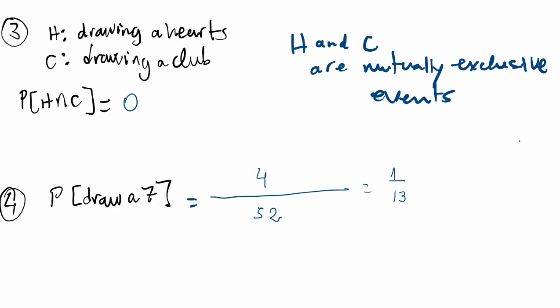I'm giving you examples that are very simple, just so that we can have this feeling that probability is what you want over what you could possibly have, and having this intuition of things that can't happen at the same time.